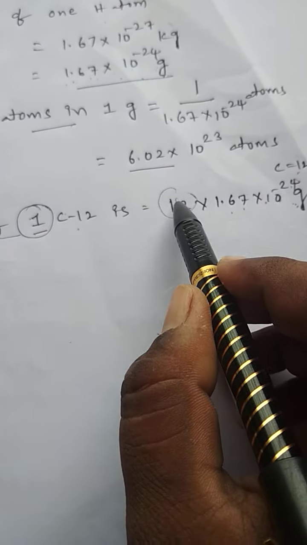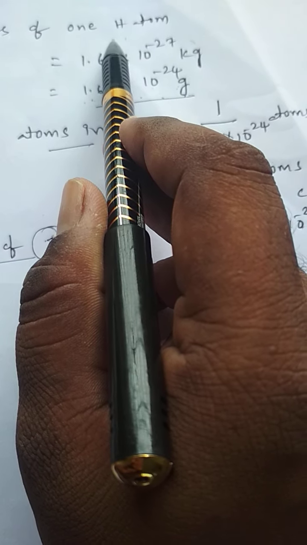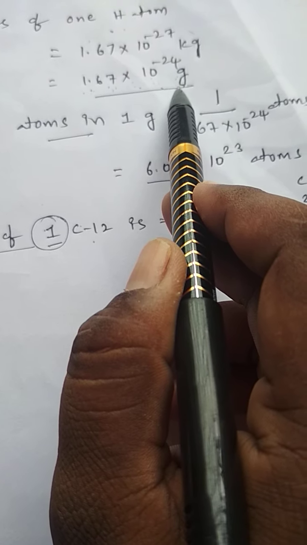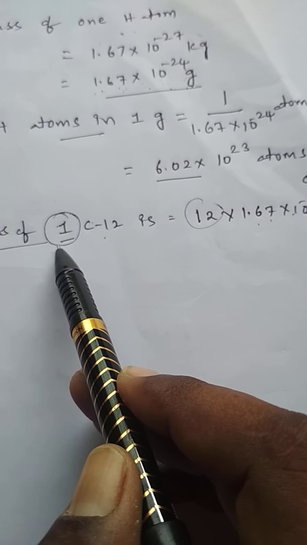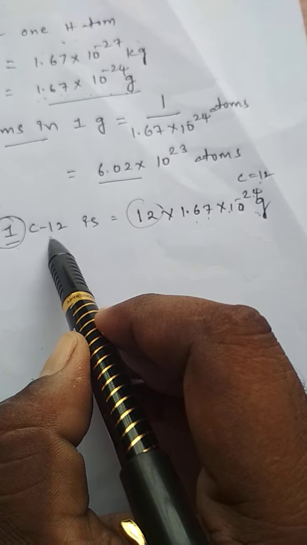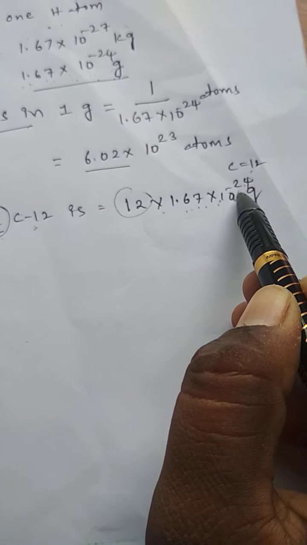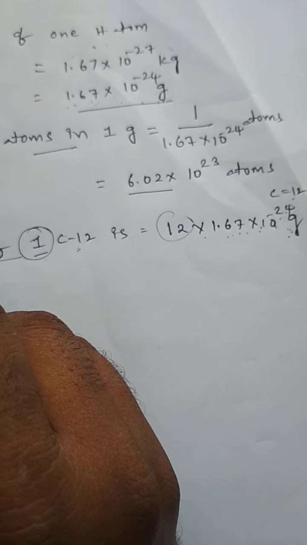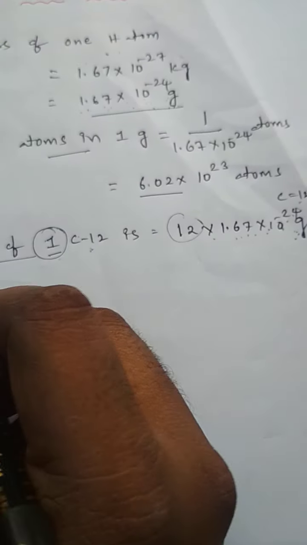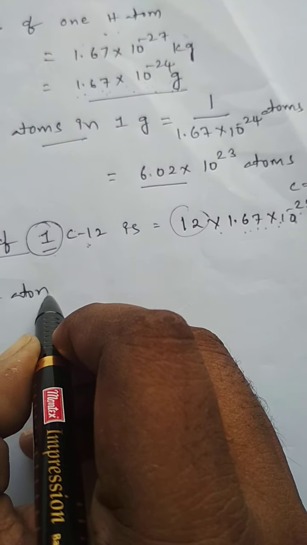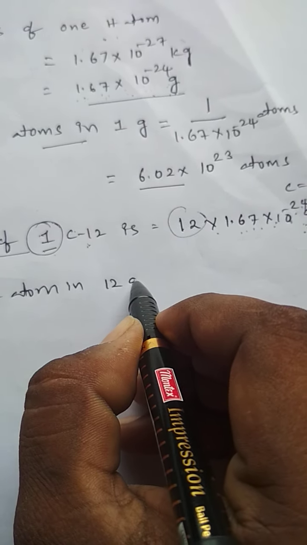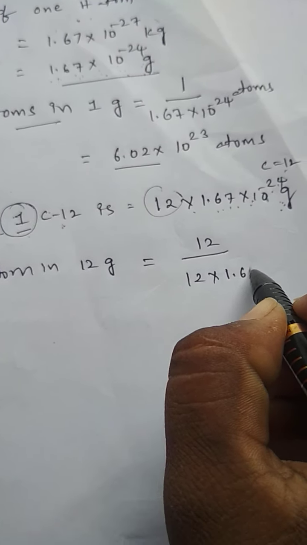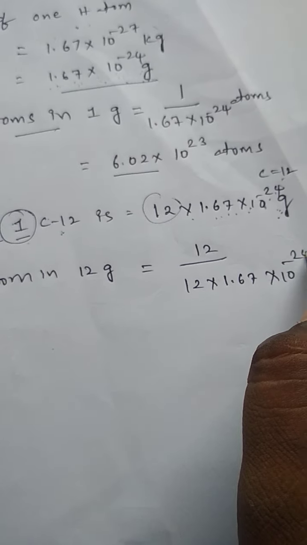Why is it taken as 12 here? The weight of a hydrogen atom is 1 gram, for 1 gram, 1.67 into 10 to the power of minus 24 grams. But here the mass of carbon is 12, hence 12 into 1.67 into 10 to the power of minus 24 grams. So the number of carbon atoms in 12 grams is 12 by 12 into 1.67 into 10 to the power of minus 24.